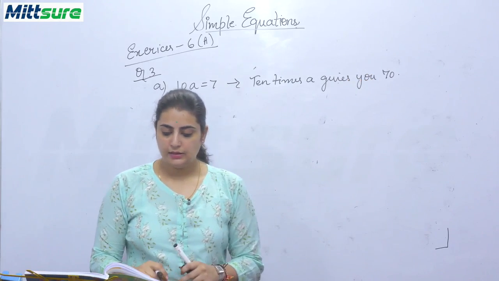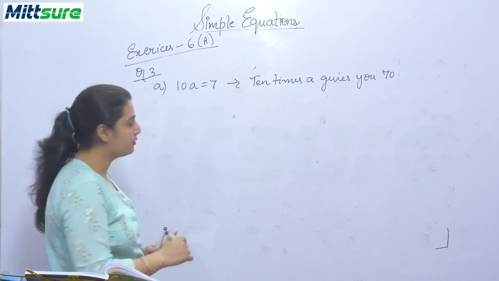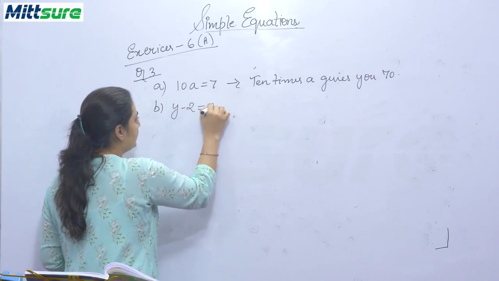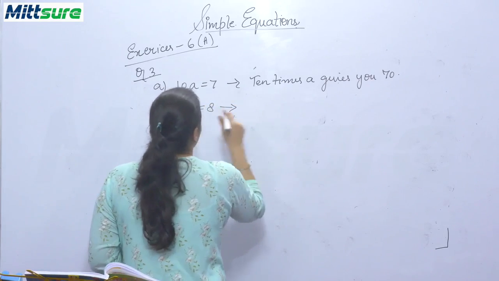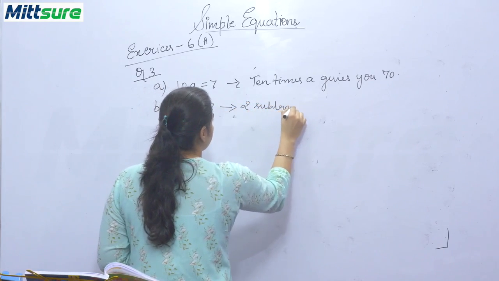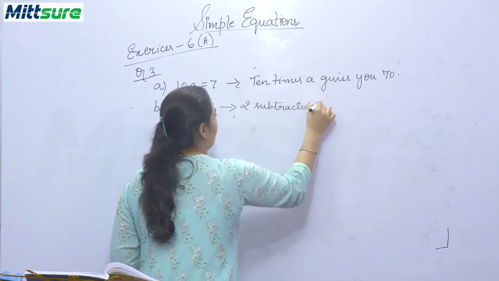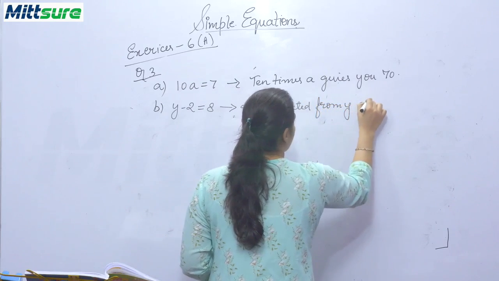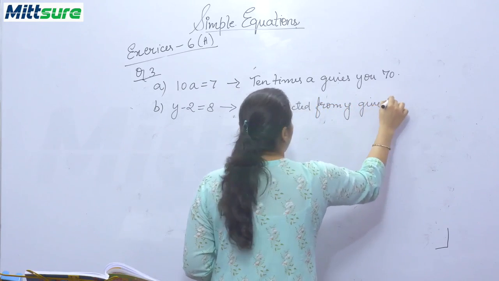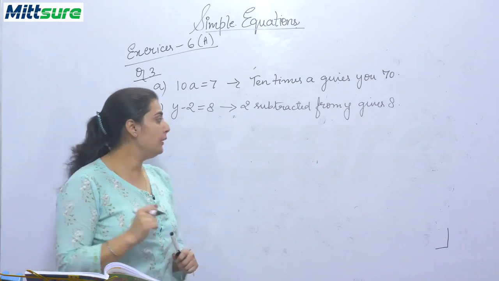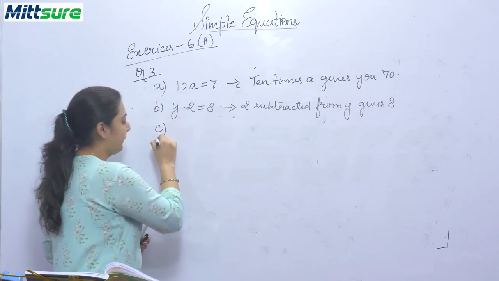Now, next is y minus 2 equals 8. y minus 2 equals 8. 2 subtracted from y gives 8. When you subtract 2 from y, you get 8.